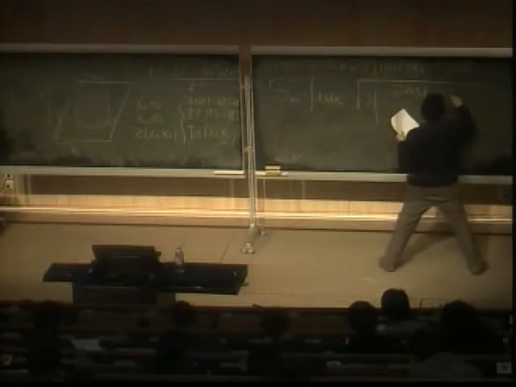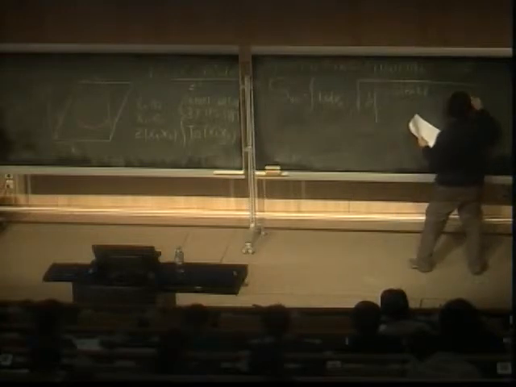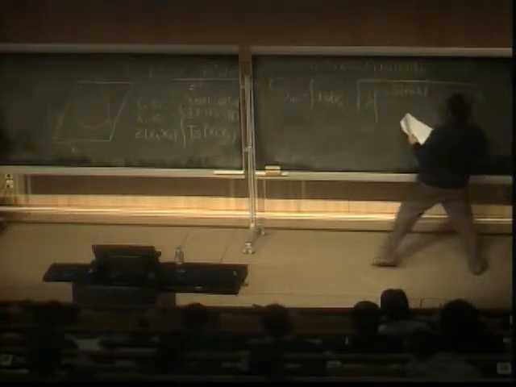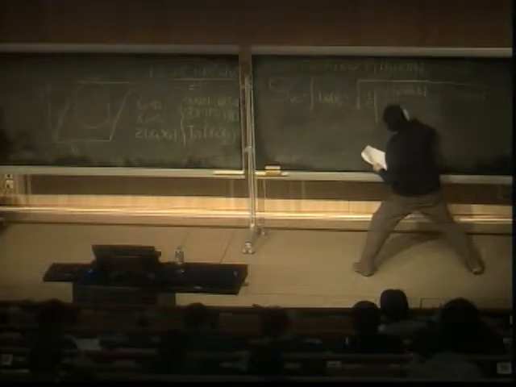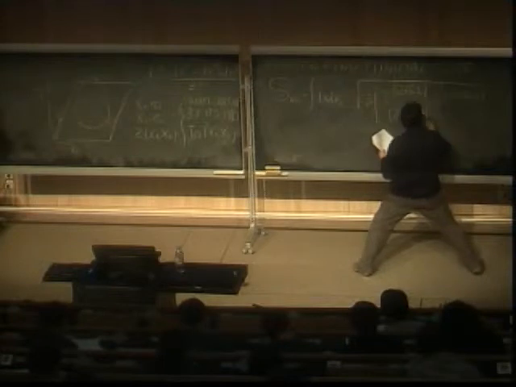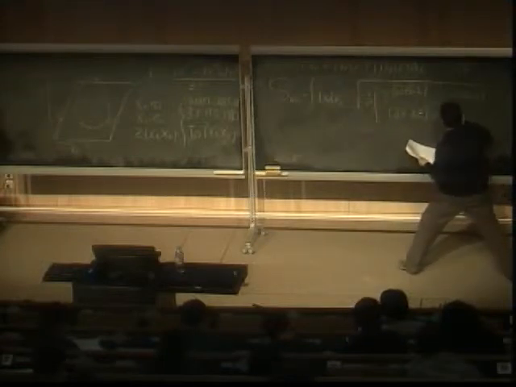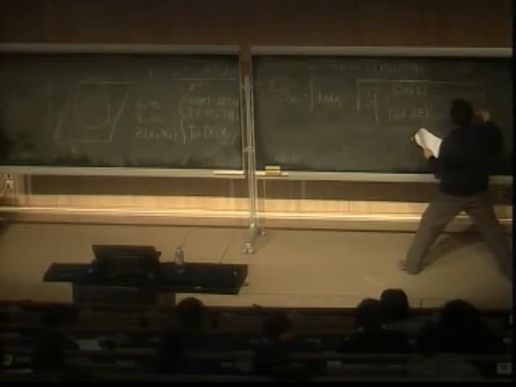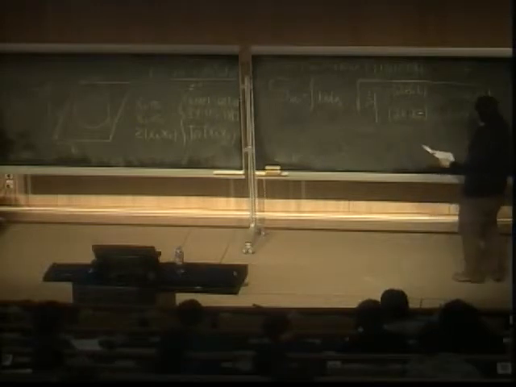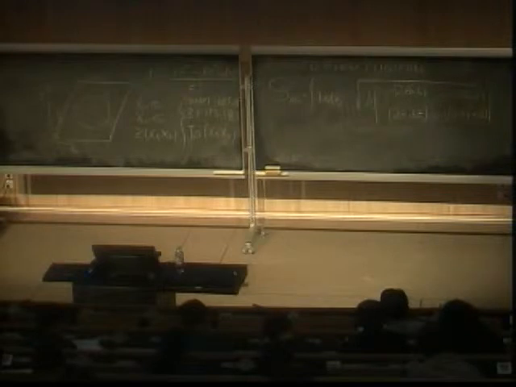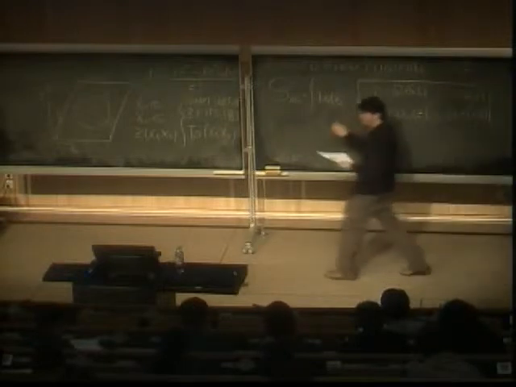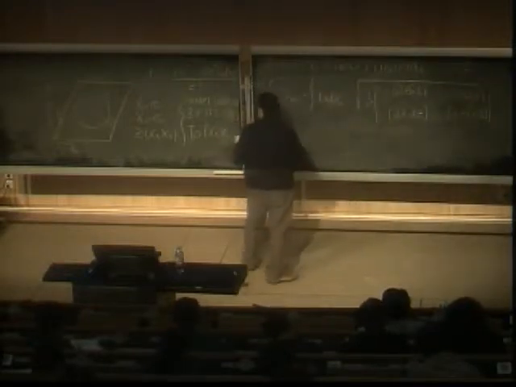Then here you have d1z d2z, and here you have exactly the same, so it has to be symmetric. And here you have the same, but with d2. Is it clear?